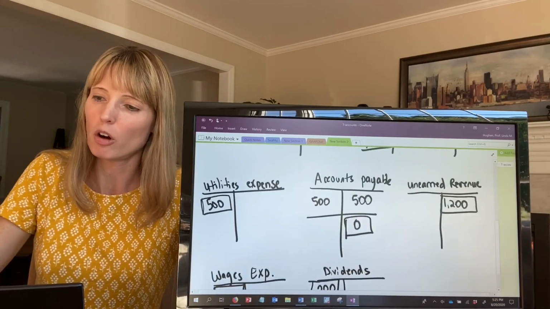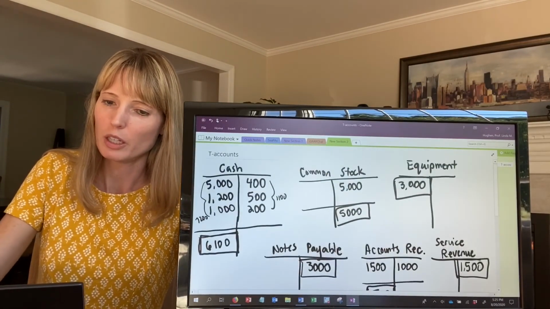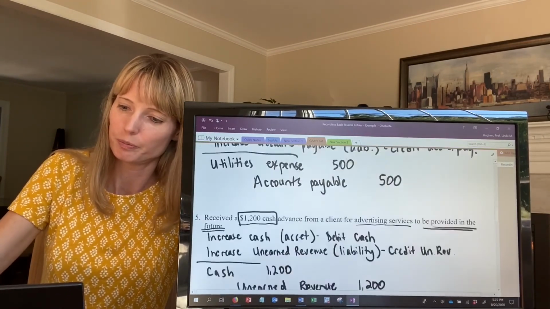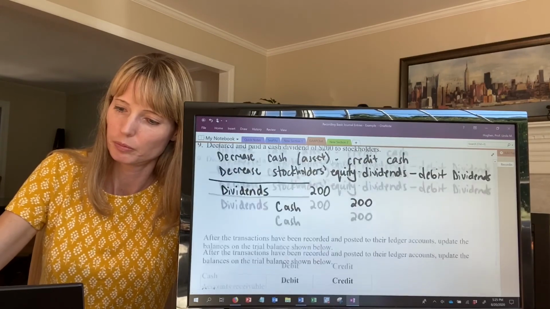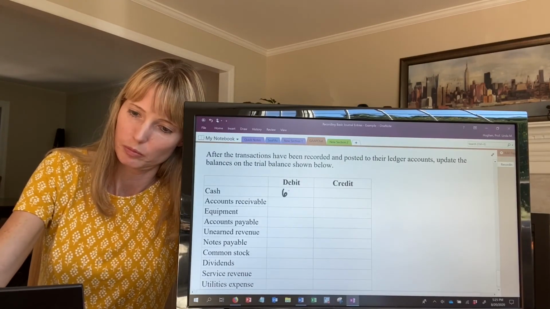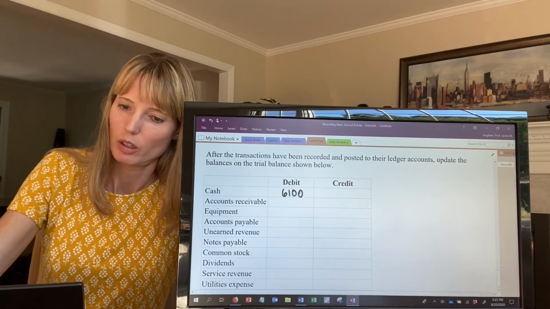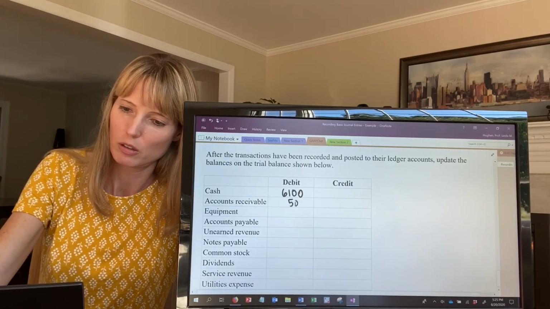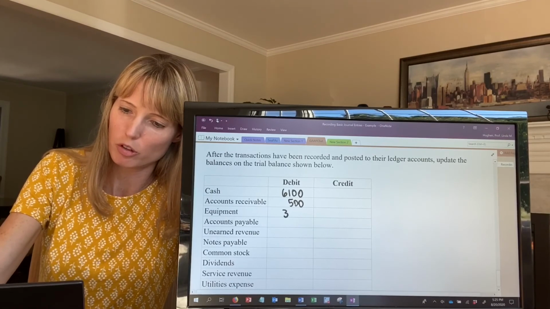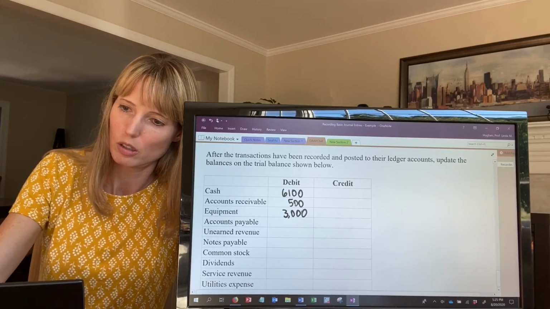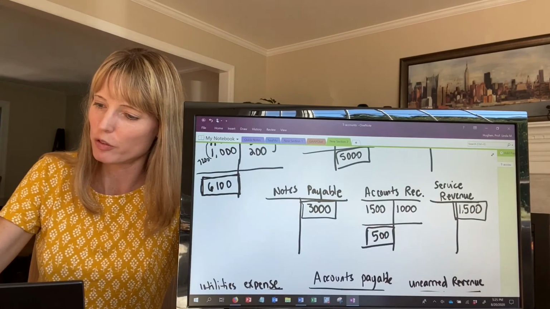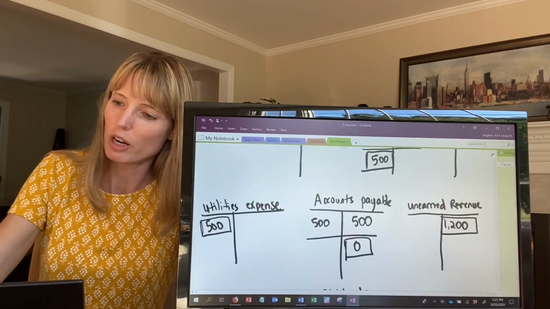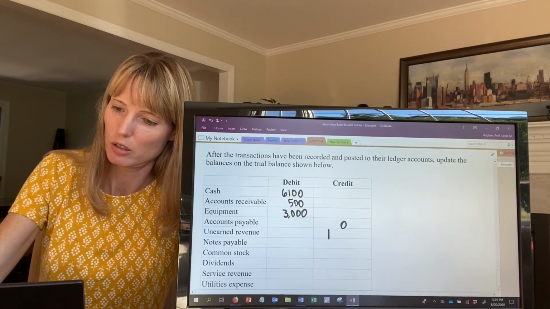So I'm going to put all of these balances into my trial balance. So cash is 6,100. Accounts receivable, 500, debit. Equipment, I remember, was 3,000. Accounts payable, I believe, was 500. Nope, accounts payable was 0. Unearned revenue, 1,200.